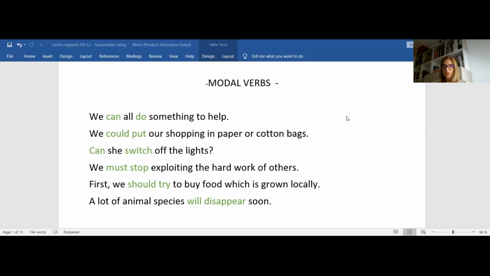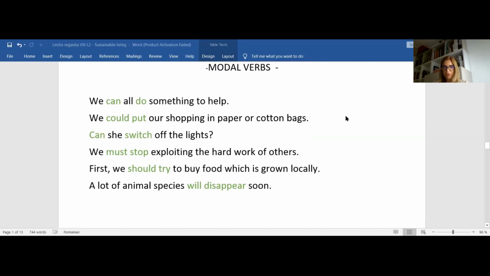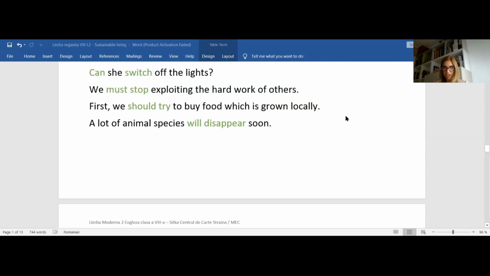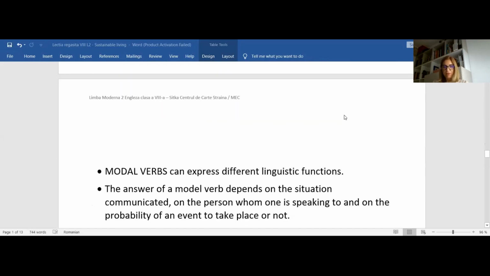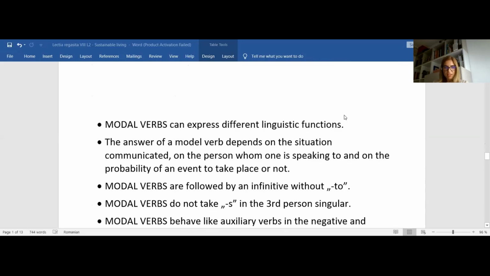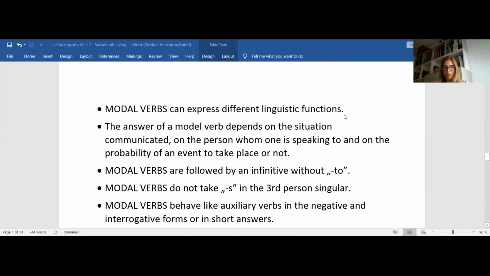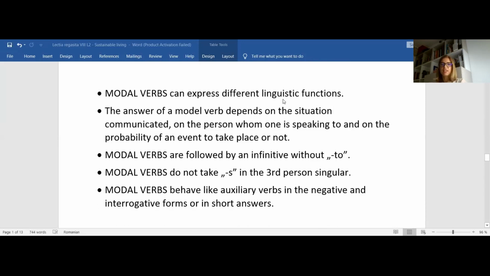Okay, to conclude a little bit what I've been telling you here, I have prepared a list of some of the features and characteristics of modal verbs. So, modal verbs can express different linguistic functions.